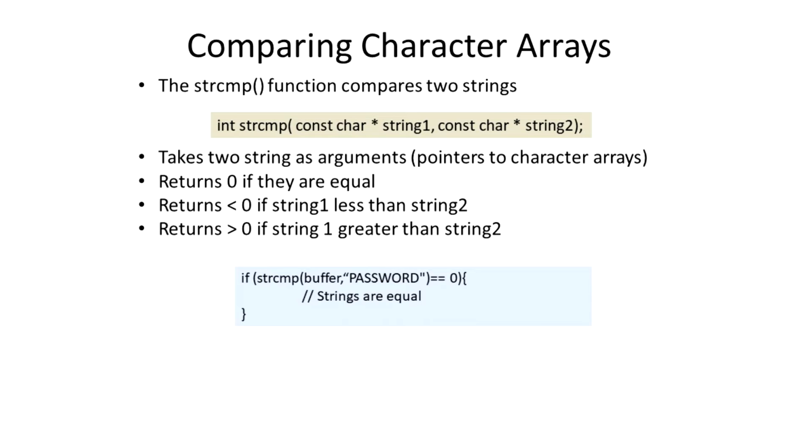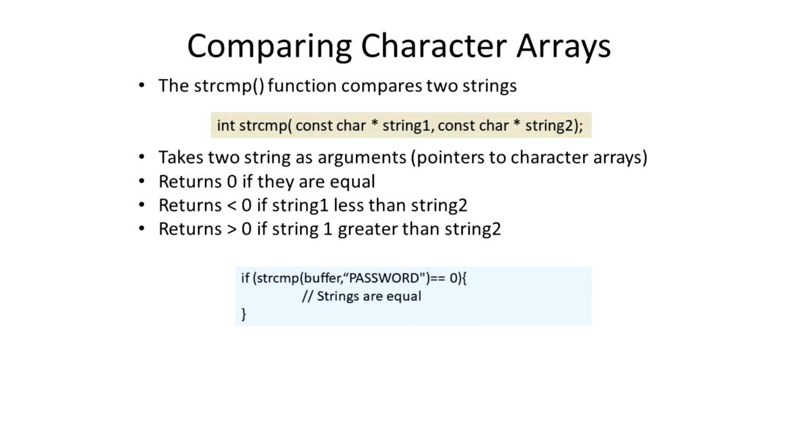So we are checking whether the buffer, the character array, is comparable with the string PASSWORD, all in uppercase. And I'd imagine it's case sensitive as well, so it might not work if we're using lower cases. So just something to bear in mind there.